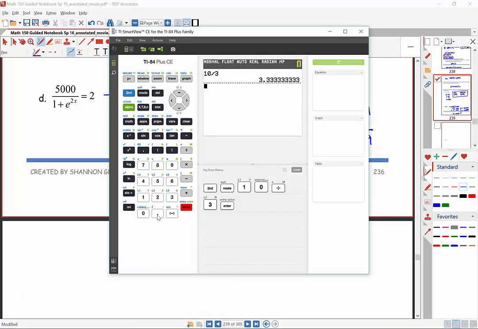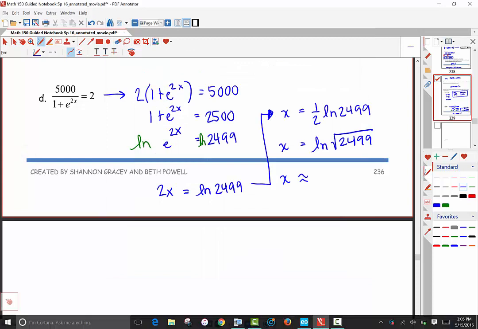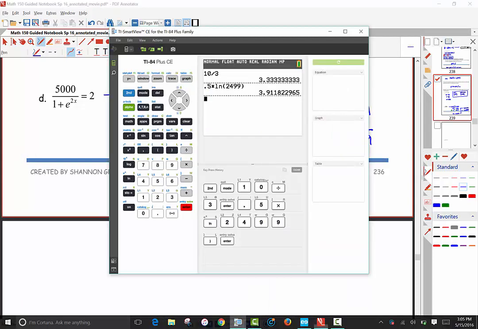So 0.5 is 1/2 times the natural log of 2499. Enter, and we get approximately 3.9118, so to 3 decimal places that would be 3.912.